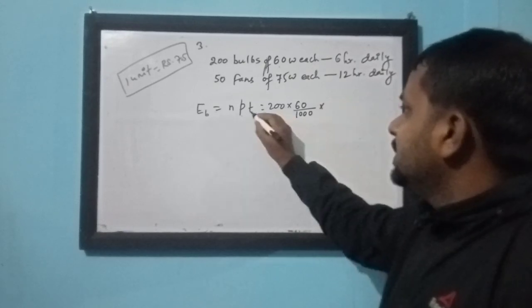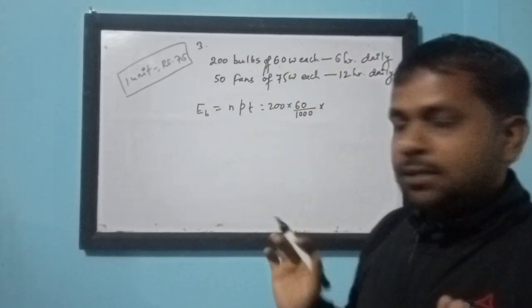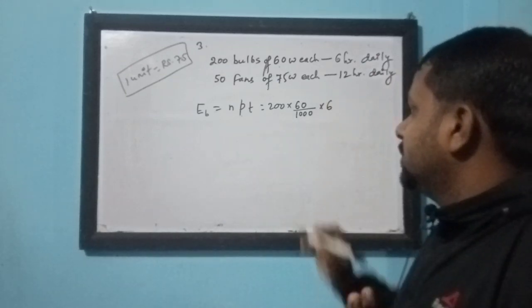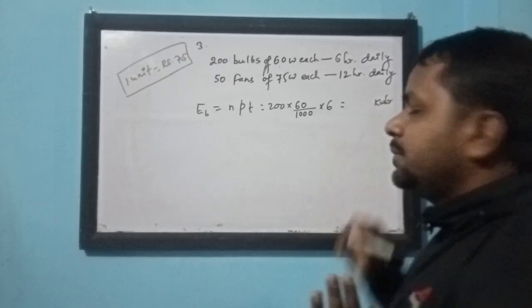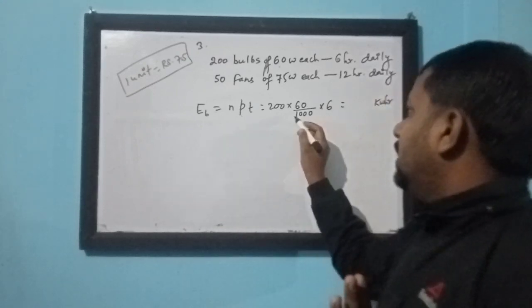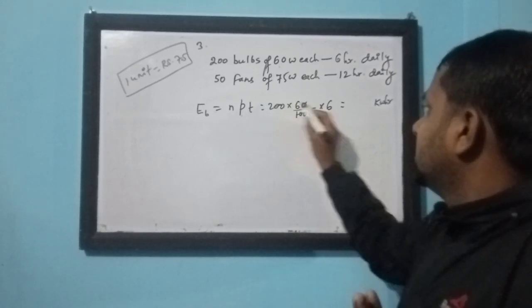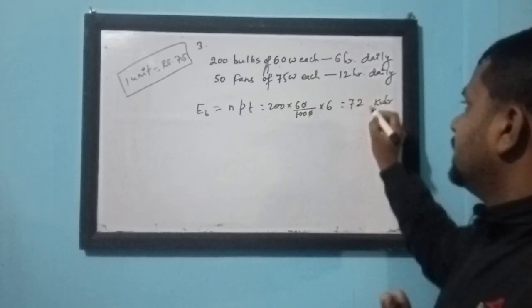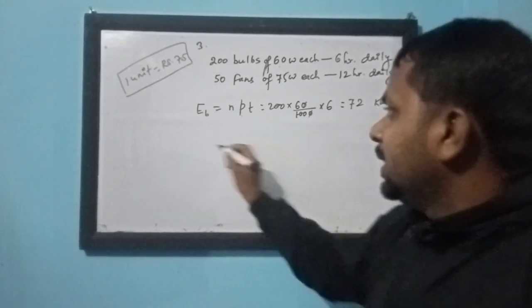Time is given in hours, so we do not have to change it: 6. So the answer will come in kilowatt hour. We can calculate this. It comes to 72 kilowatt hour. You can use the calculator.